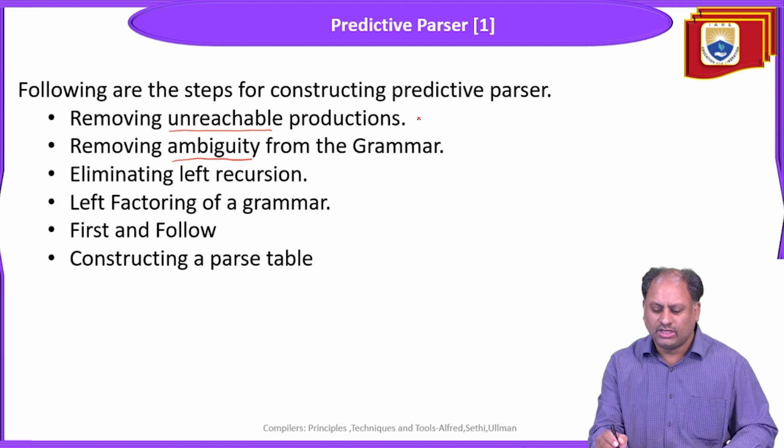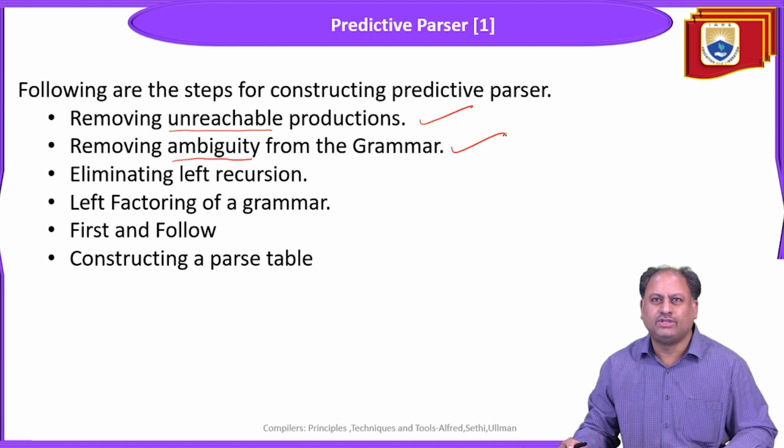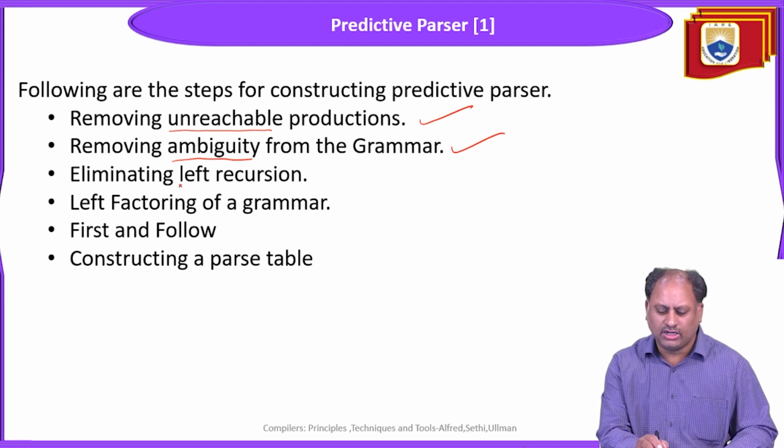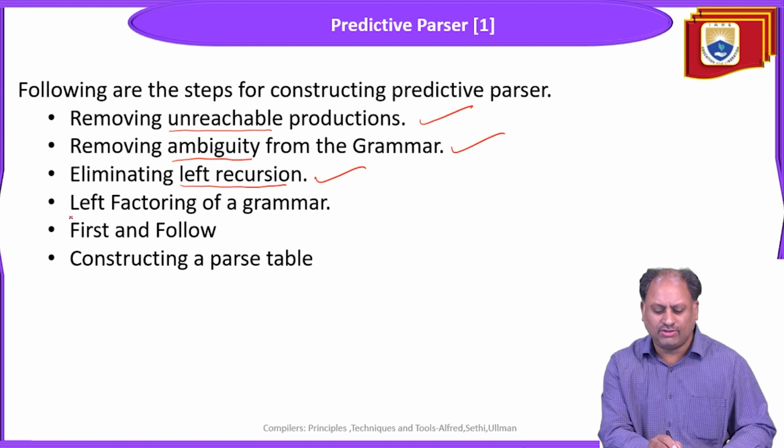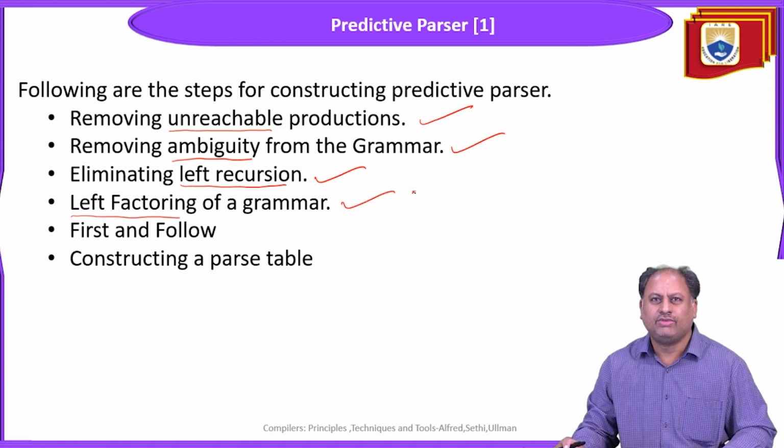Another one is that we have eliminated ambiguity arising in the given grammar. Then the possibility of left recursion can be verified and eliminated by using the third point. And the fourth one is that left factoring can also be verified.